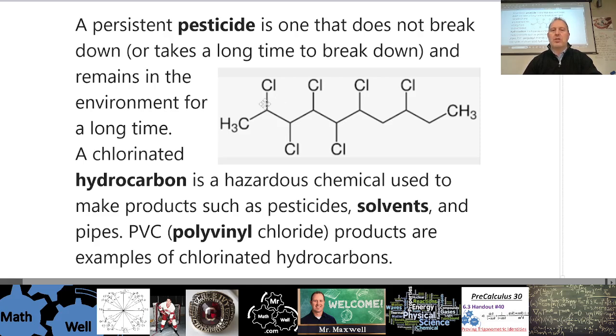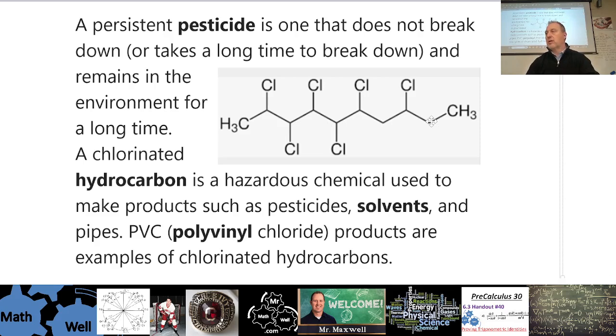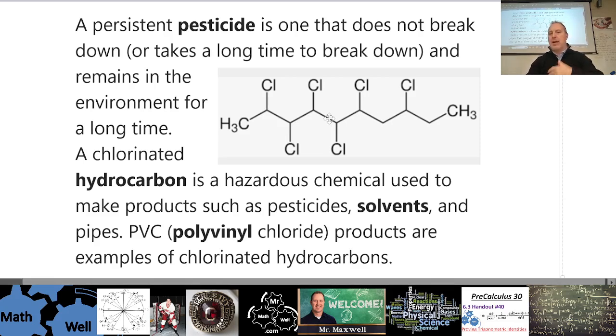Now, this is a picture right here of a chlorinated hydrocarbon. So when you get to chemistry 30, there will be a unit in chemistry 30 called organic chemistry. And organic chemistry involves carbon-based molecules. And this, because it's got chlorine attached to, and it's hard to tell here, but you will find that at these junctures of the lines, there's a carbon atom there. There would also be some hydrogen atoms that are not shown.